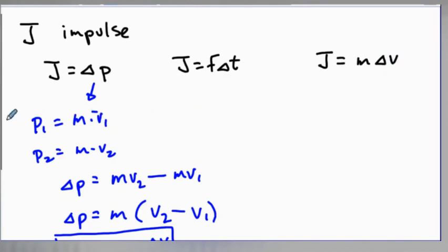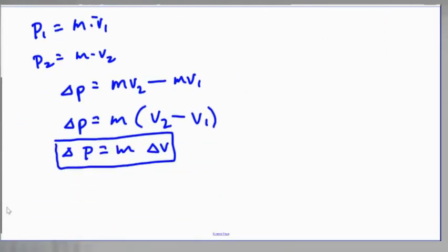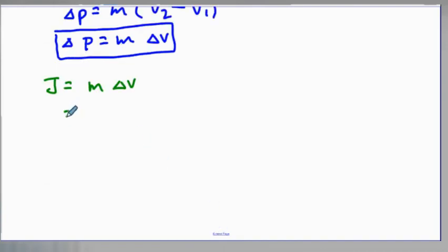And let's just do that for our equation here and see if that really works. So using the previous example, we wanted to find J. And so I'm going to say, well, our J is our mass times the change in velocity. Okay. So let's see. What was the mass of that hockey puck? Well, it was 0.120 kilograms.